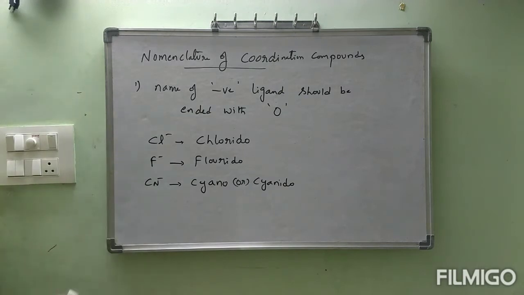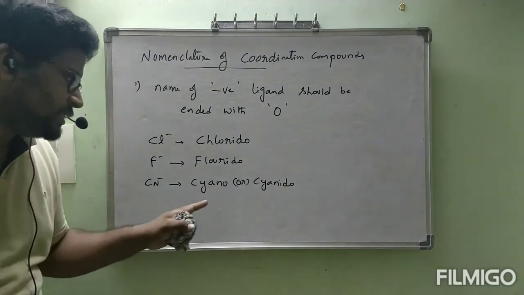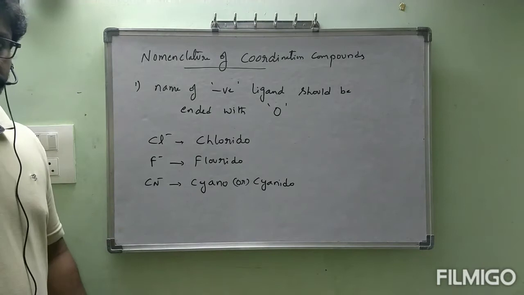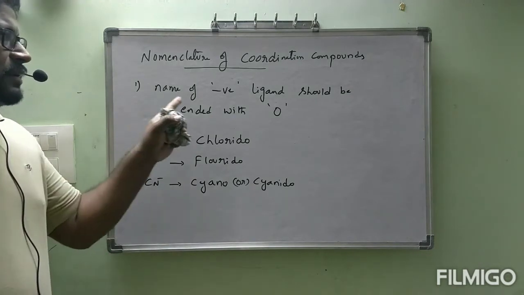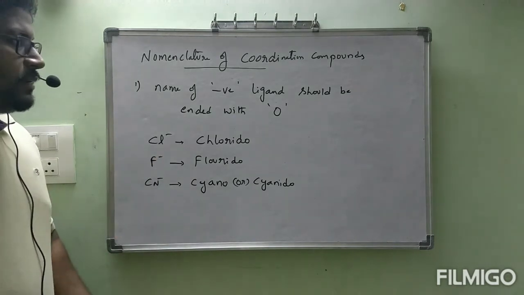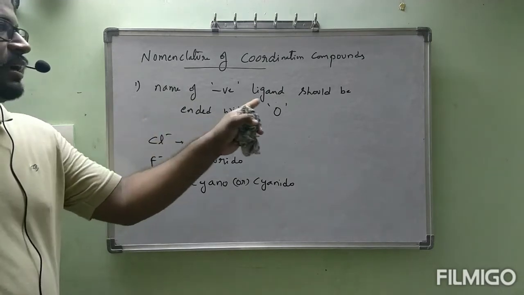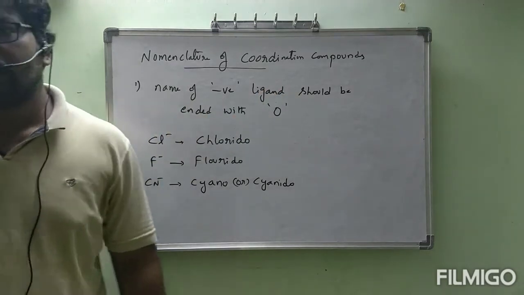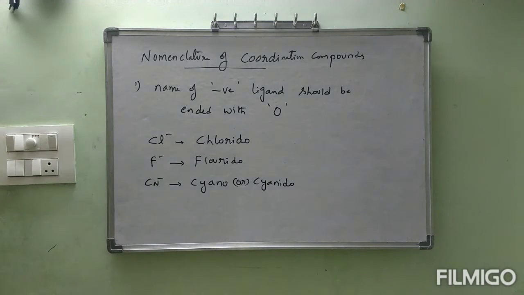CN minus is also a negative ligand, so the name of this one is cyano or cyanido. Like this, whatever the negative ligand, its name should be ended with O. So definitely, if you take a negative ligand, its name must be ended with O. Did you understand the first rule?